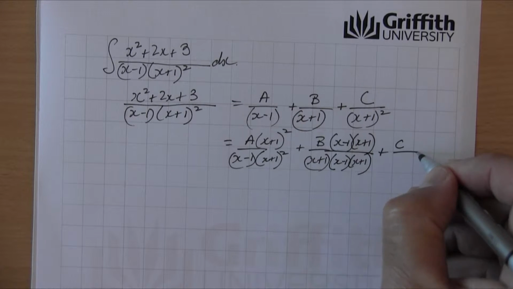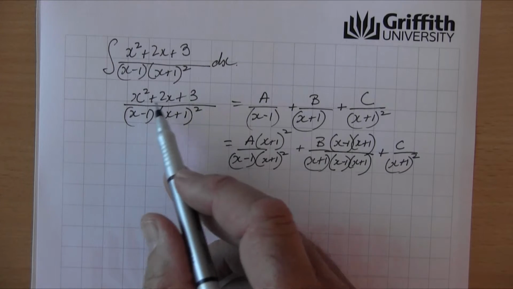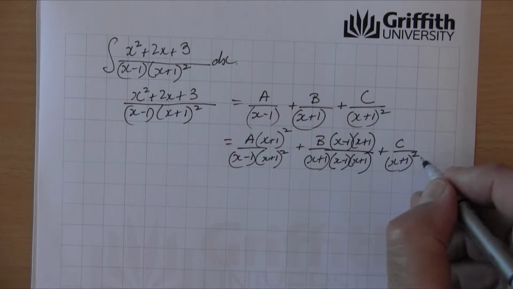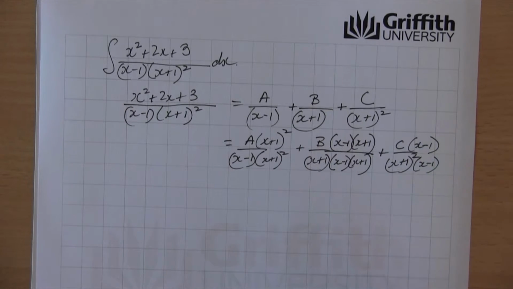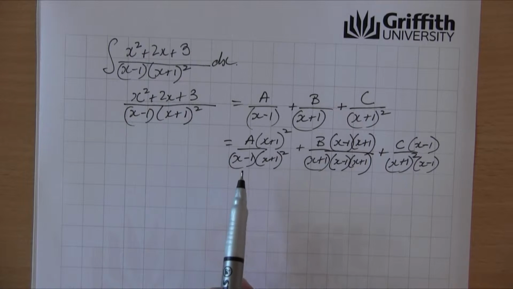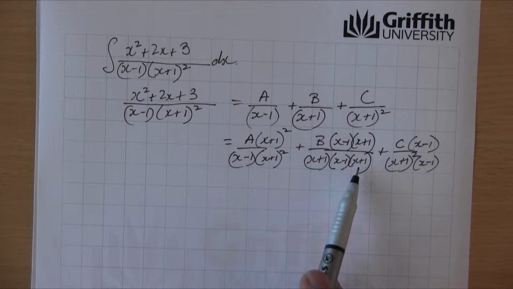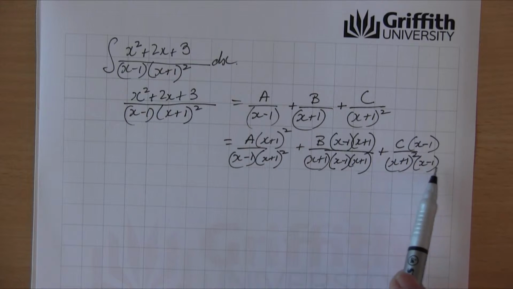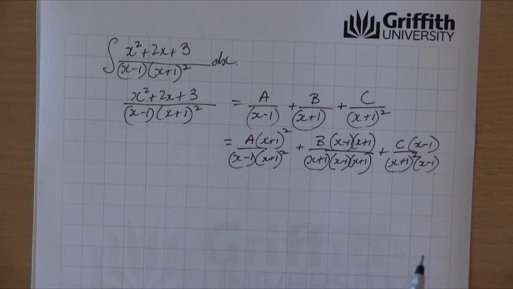And C at the moment has got x plus 1 all squared. We want to make it into the same denominator as that, so we're going to multiply top and bottom by x minus 1. Alright, that's got all our denominators the same, so they can all be combined into one.